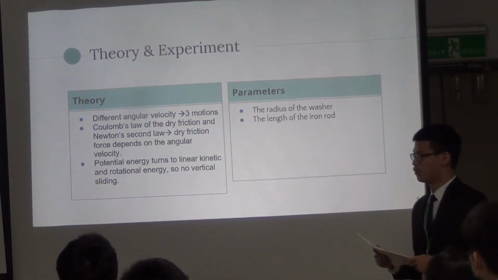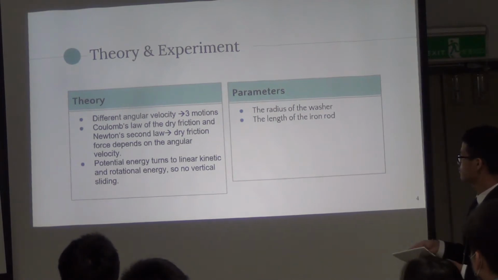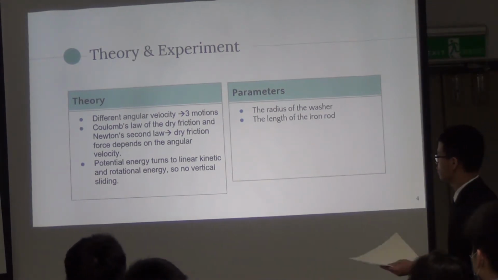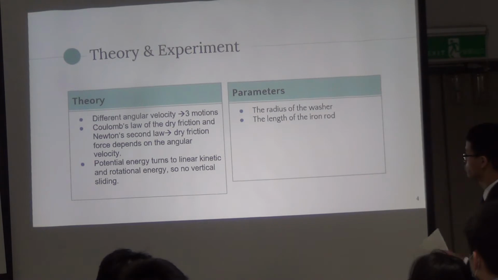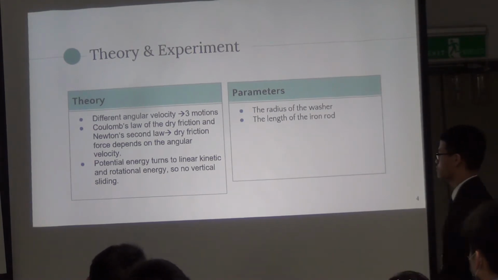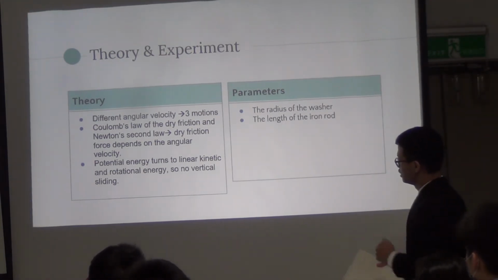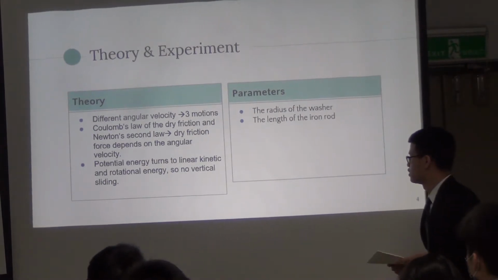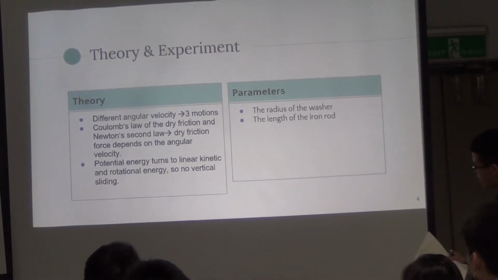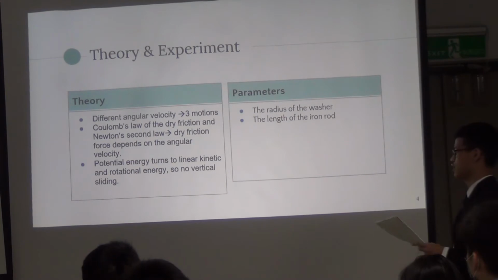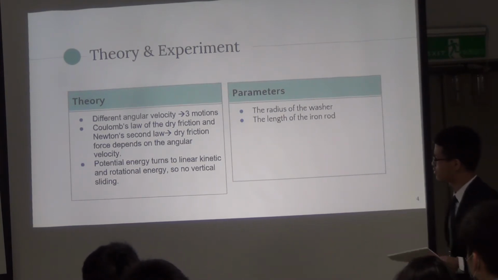First, for the reporters' theory, they have different angular velocities in free motion, and they use Coulomb's law of sliding friction and the second law to model the friction force. They use potential energy turning into linear kinetic energy and rotational energy, so there's no vertical sliding.